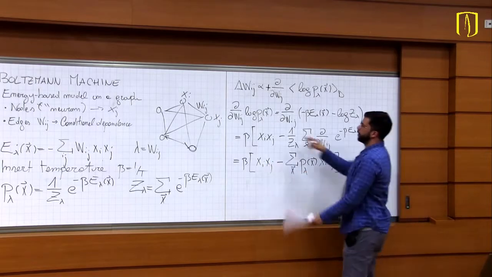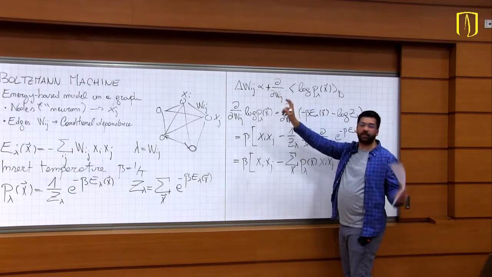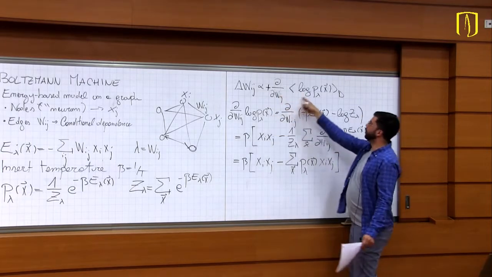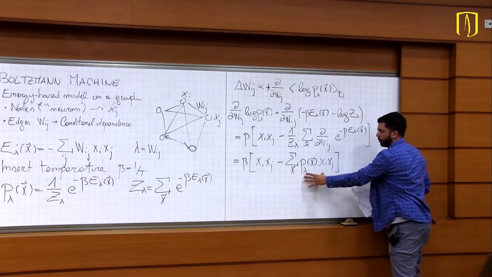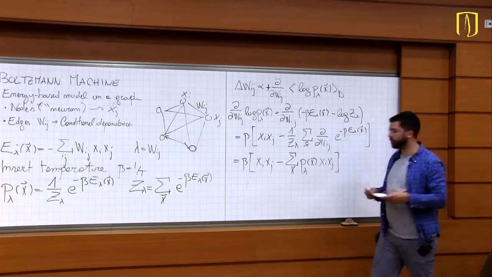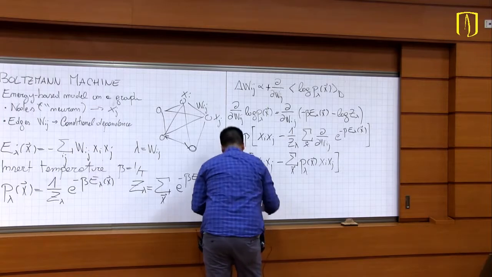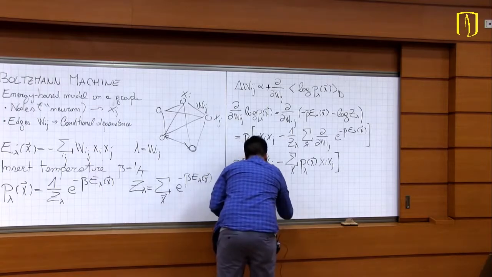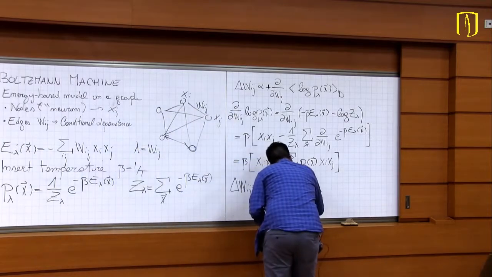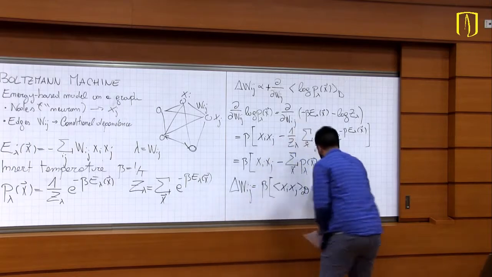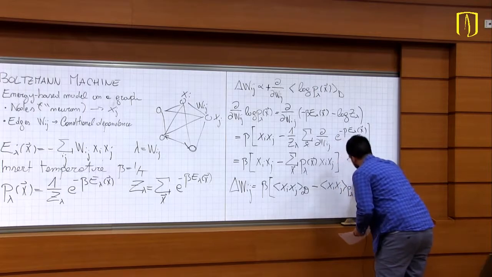So now this is the derivative of the log probability for just one sample, but for my learning signal, I have to take the average of this with respect to the data. Now this does not depend on that because it's the average already with respect to the model distribution. So my final change in weight is beta times the average of xi, xj over the data, minus xi, xj under p lambda.